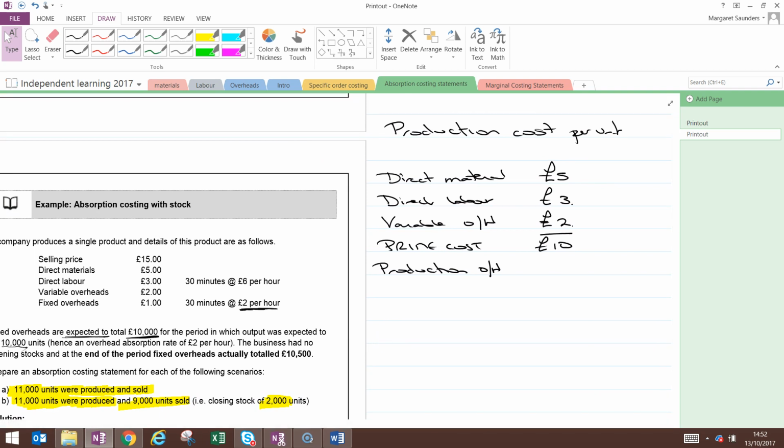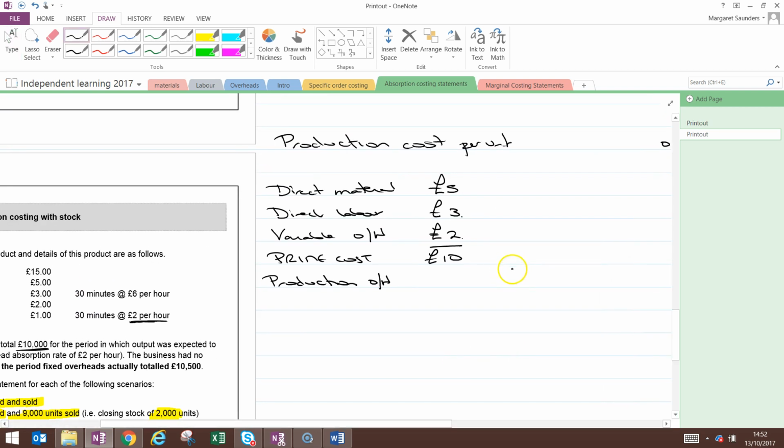So our overhead absorption rate is £2 per labour hour, and we know that a unit takes 30 minutes, so half a labour hour. So £2 per hour times half an hour gives us £1.